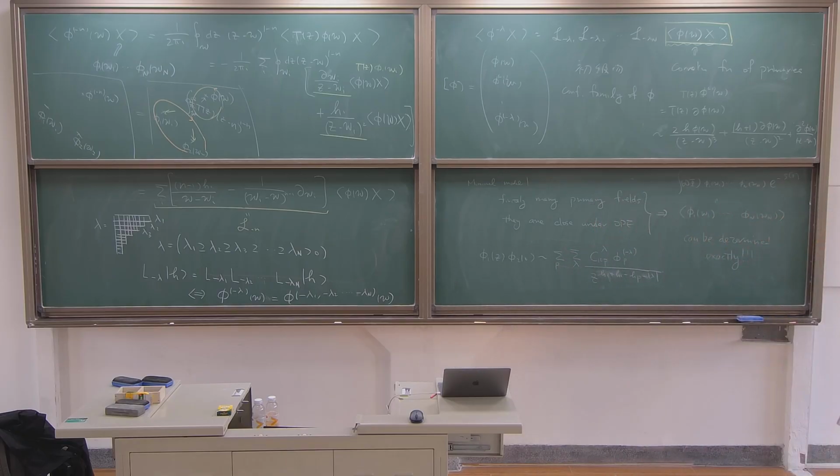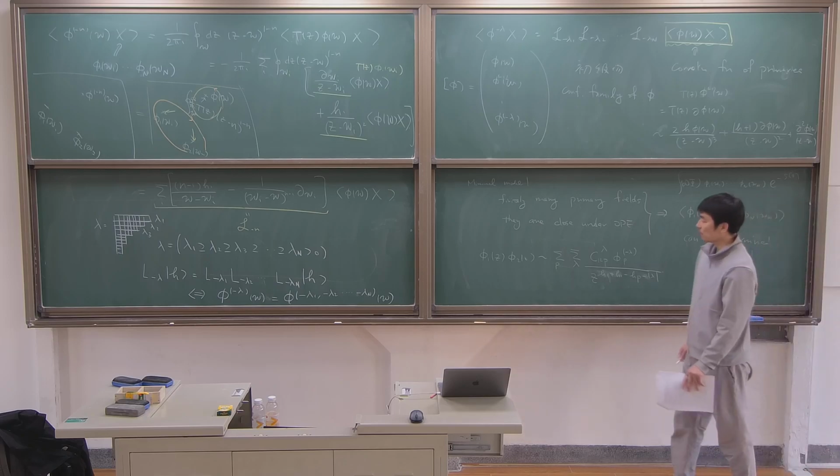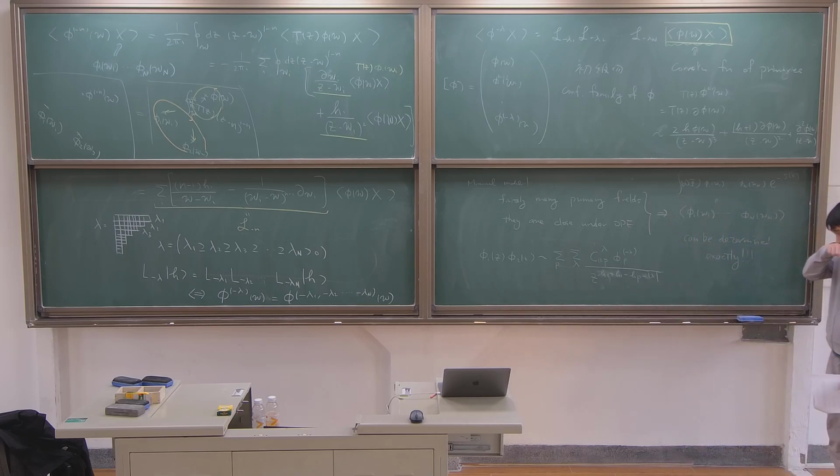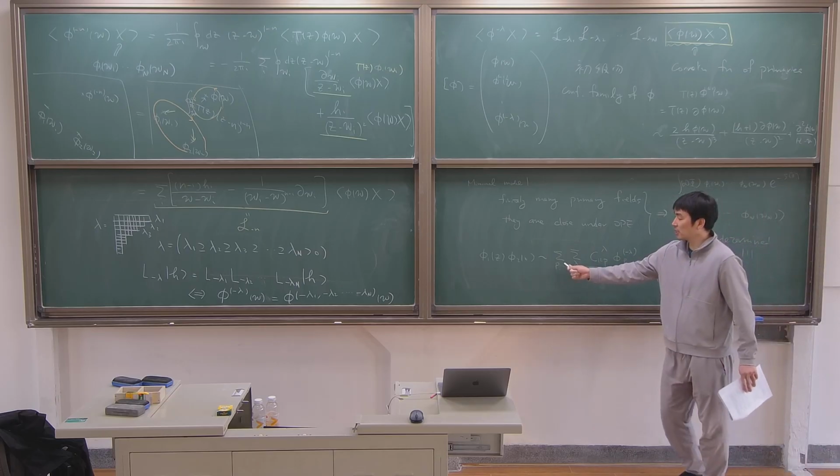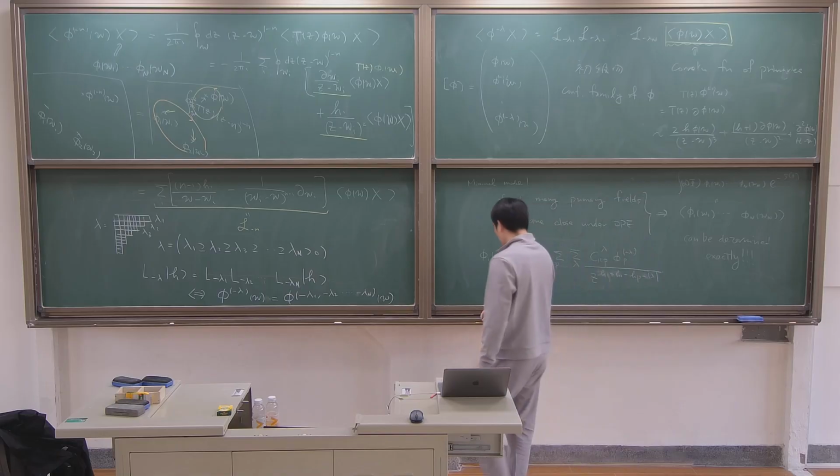So roughly speaking, it takes the following form in the OPE. And then since the set of primaries P is finite, this sum is finite. The important thing is that this is finitely many.